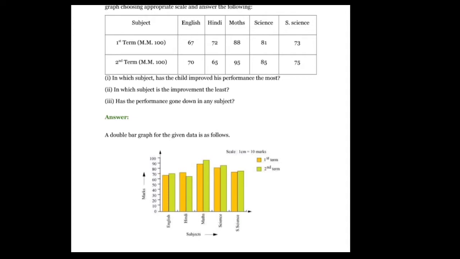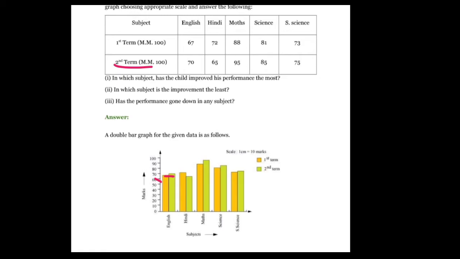Then if we represent in the graph, first the English subject: in the first term it is 67 marks, which means between 60 and 70, and 70 marks in English in the second term.